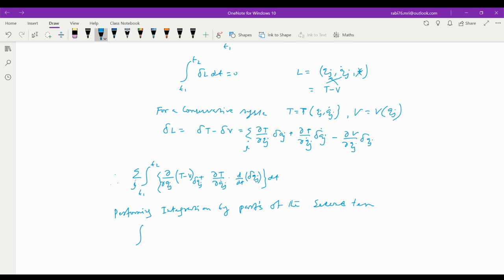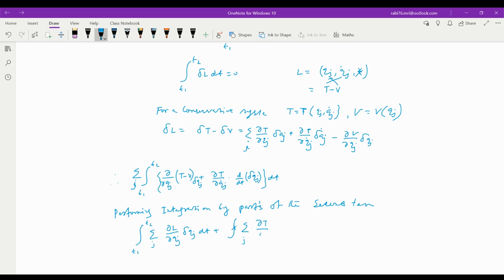So it will be integration from t1 to t2, summation over j, del L del qj delta qj dt, plus, I'm sorry, I'm performing the integration, second summation over j. This is the first term, this is the second term.